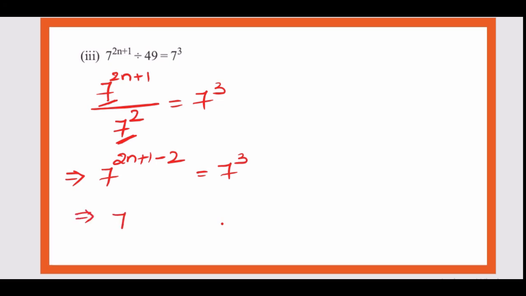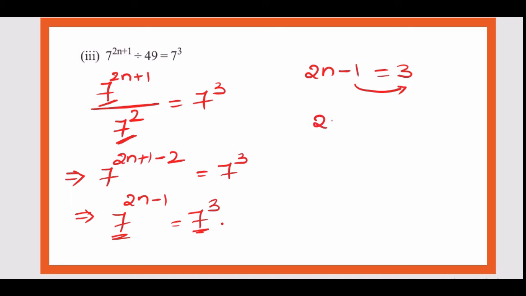Now from it, 7^(2n-1) equal to 7 power 3. When bases are same in an equation, clearly what I can say, exponents are equal. So 2n minus 1 is equal to 3. I need to transpose this minus 1 to the other side, then I will get 2n is equal to 3 plus 1.